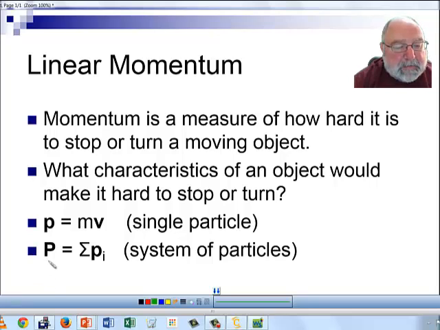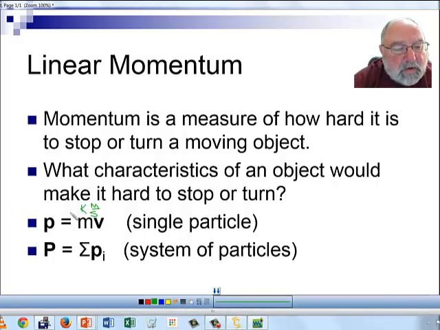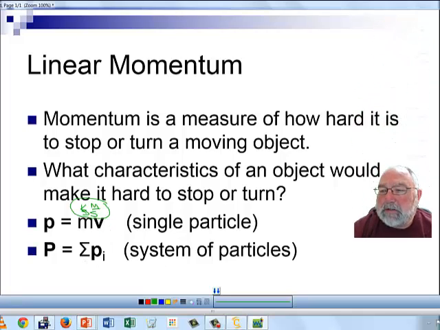Mass is in kilograms and velocity is in meters per second, so the unit of momentum is kilograms meters per second. Because this is a vector, after the unit you have to give a direction. Not too bad, huh? Okay, let's move on.